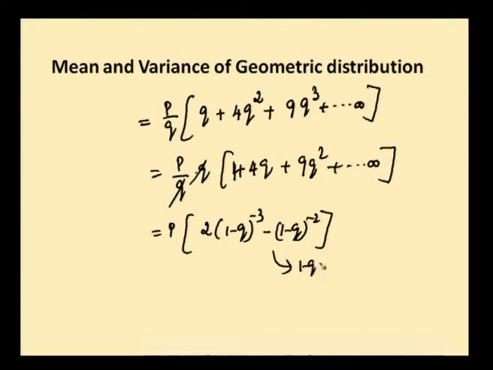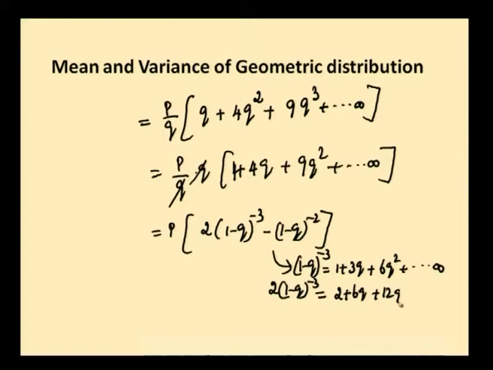1 minus q power minus 3 is written as 1 plus 3q plus 6q square plus etc. up to infinity. So, 2 times of this, 2 times 1 minus q whole power minus 3, is 2 plus 6q plus 12q square plus etc. up to infinity.